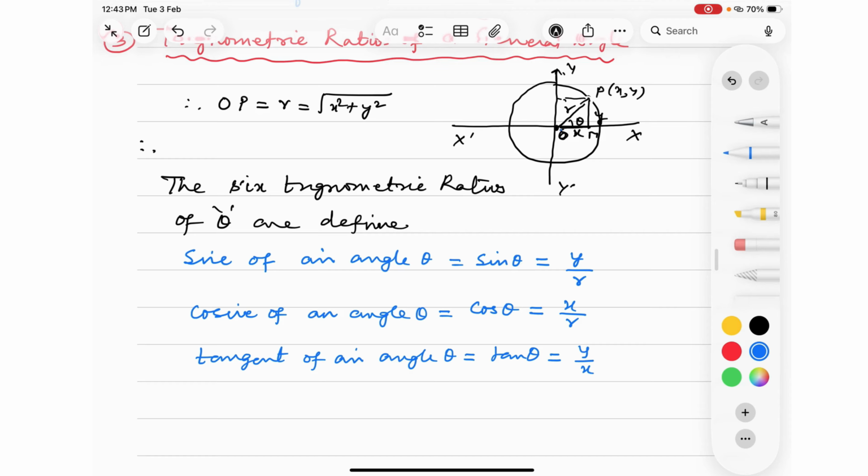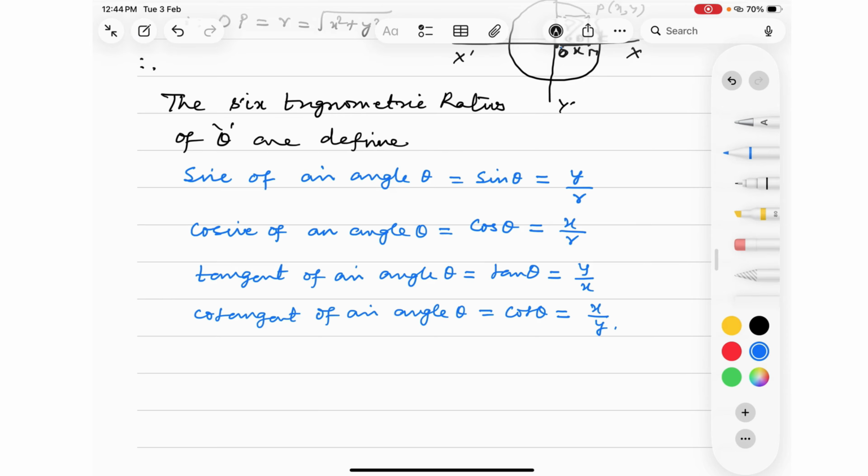Now the fourth trigonometric ratio is the cotangent of an angle theta. In short, we write it as cot theta. Cot theta is defined as x by y. Fifth one is the secant of an angle theta.